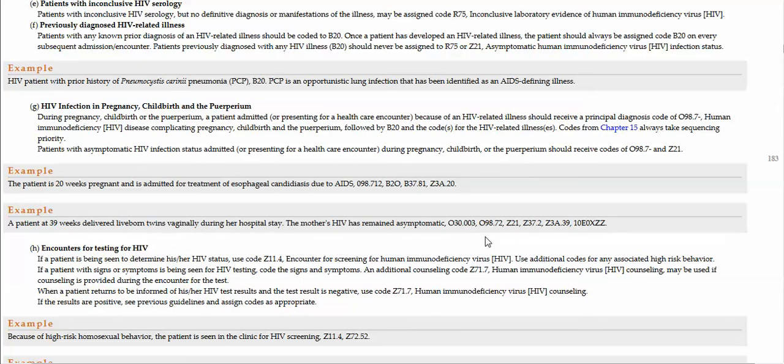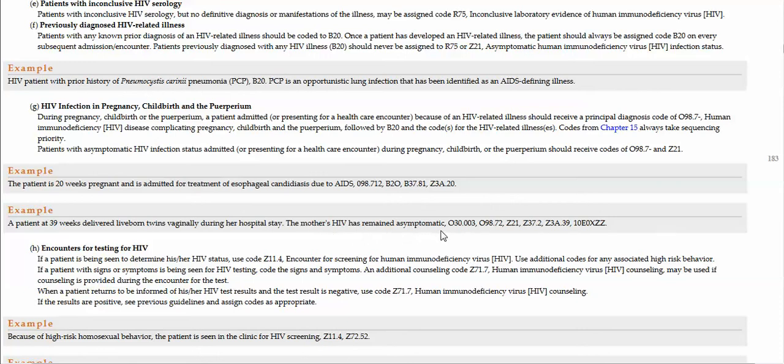And then we're going to code O98.72, the HIV code. The reason we don't code that as principal is because she didn't come in because she had any HIV issues. She came in because she was delivering those babies. And then we move on with the rest of the codes.